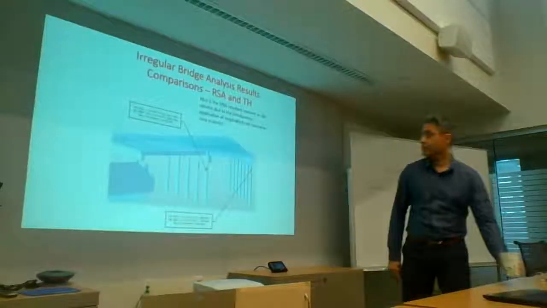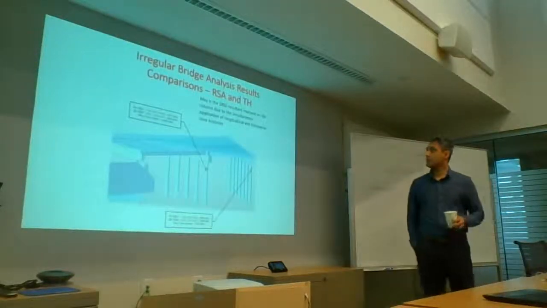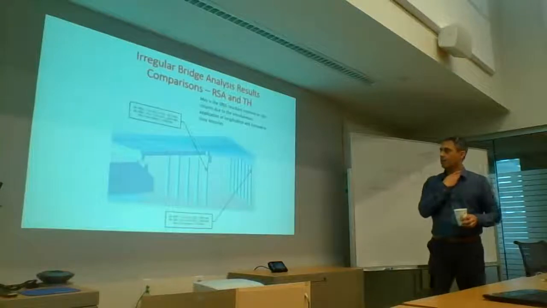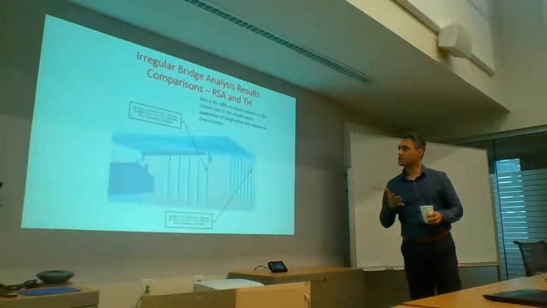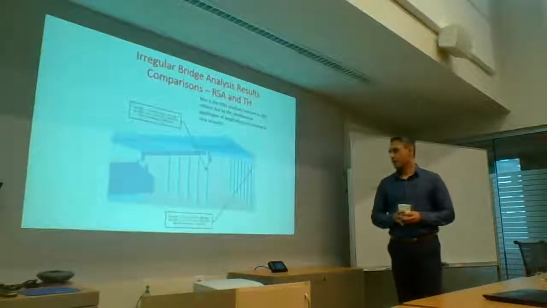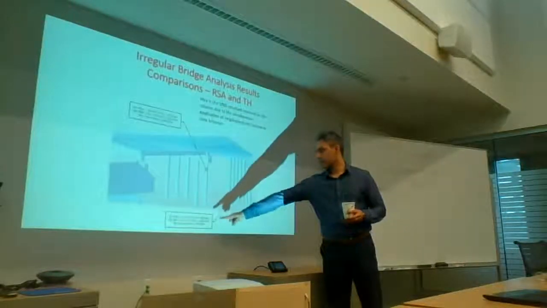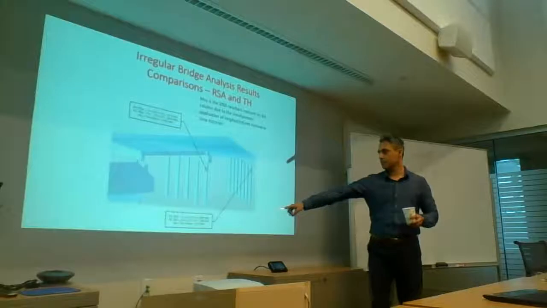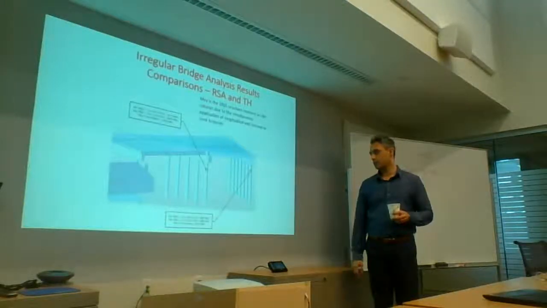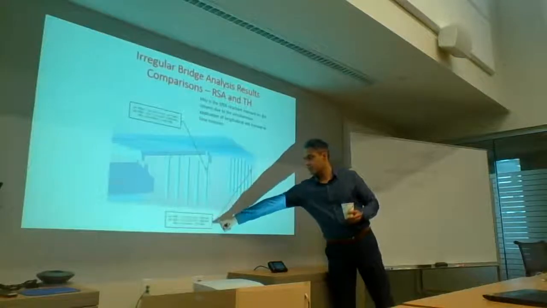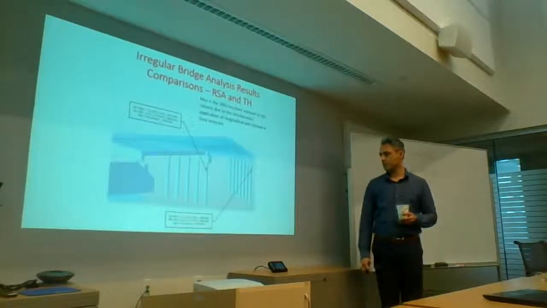I just want to show you a quick comparison of a response spectrum analysis and a time history analysis. This is an actual bridge that we worked on. It had a bit of a skew and a widening on the one side. The one thing I want to point out is if you look at the MX and MY from response spectrum analysis, you're looking at about 2,800 or 2,900 for the X direction, 3,700 for the Y direction.